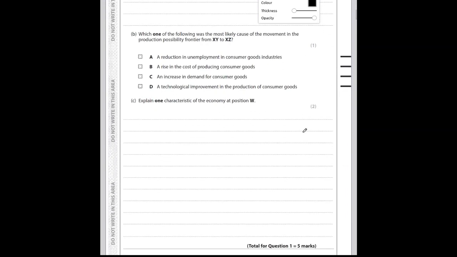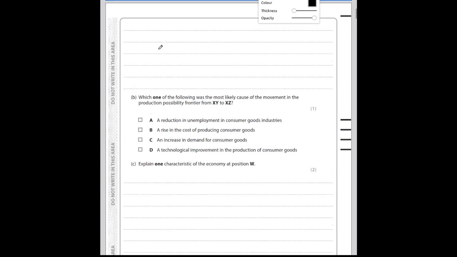B says, which of the following is most likely to cause the movement of the production possibility frontier from XY to XZ? And we've got 4 options. Option 1 is a reduction in unemployment in consumer goods industries. So this is not going to be our answer.